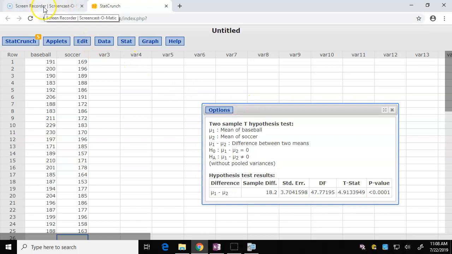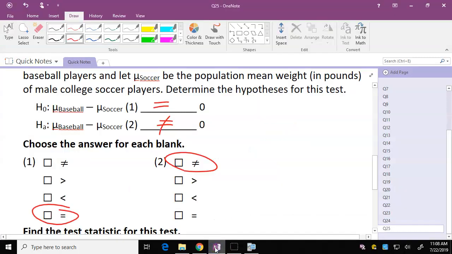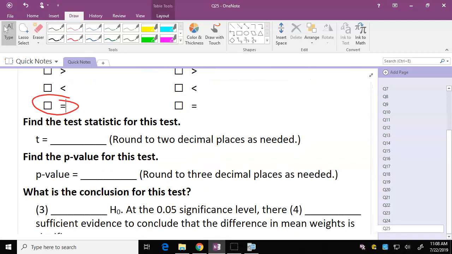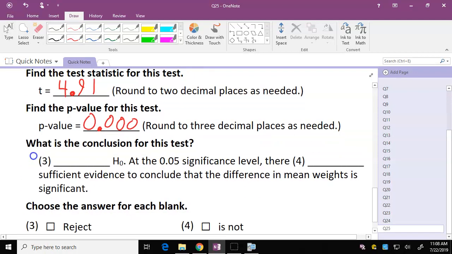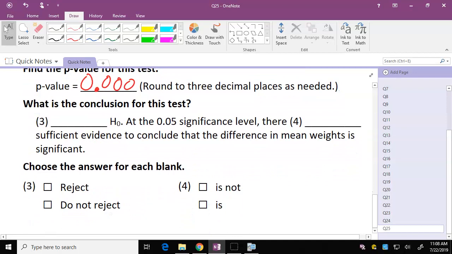All right. So what is our T-stat? 4.91. What is our p-value? 0.000. There we go. So let's go in and fill that in. You said the T-stat was 4.91, right? And our p-value is 0.000. All right. Blank H naught: reject or do not reject?